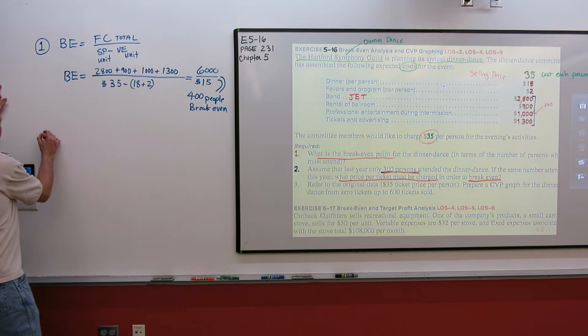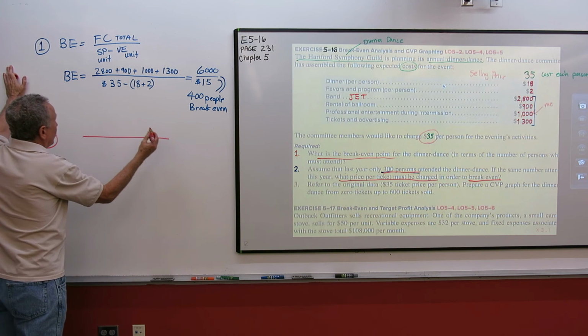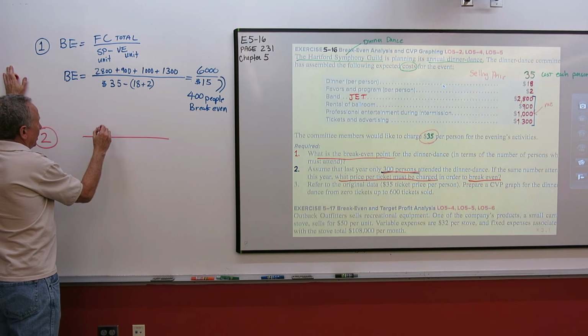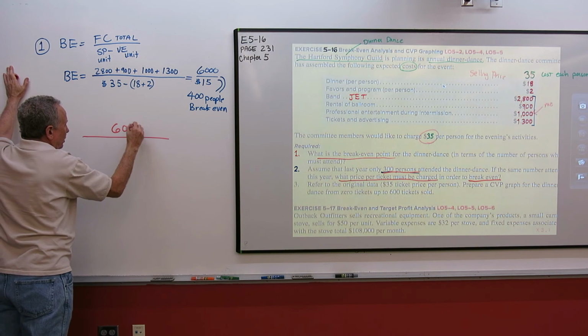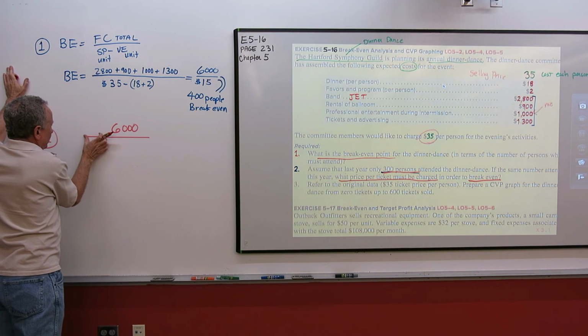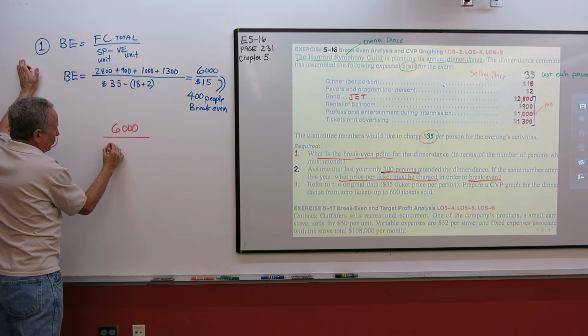In number 2, we know that if you take all these fixed costs, and by the way, let's just cut to the short of it. We know there's $6,000 in fixed costs. We don't know what we're going to charge for the selling price.